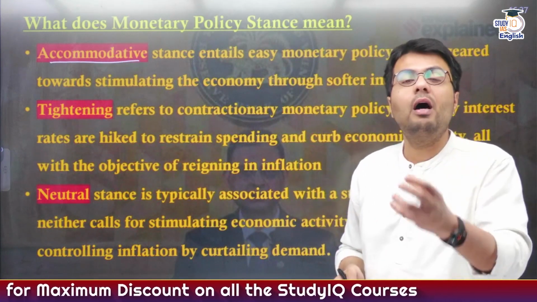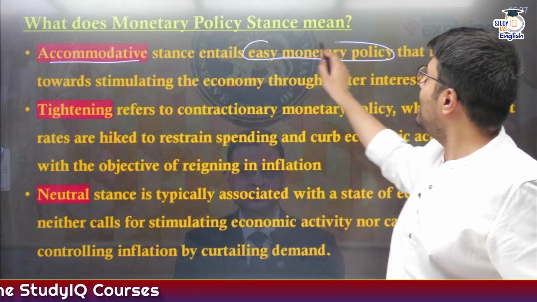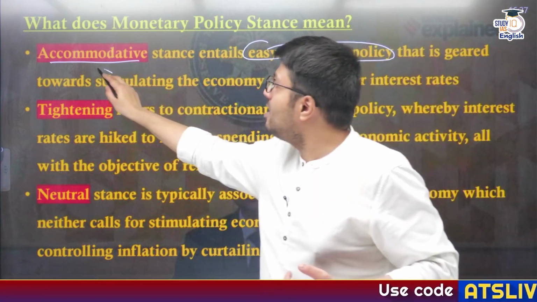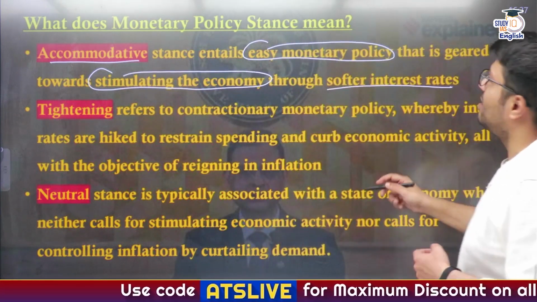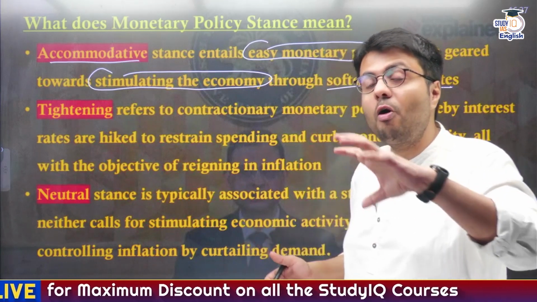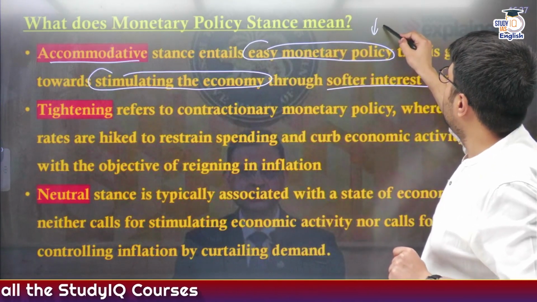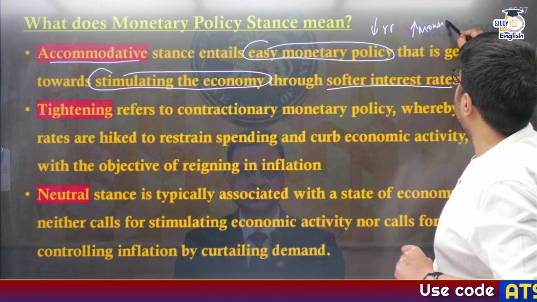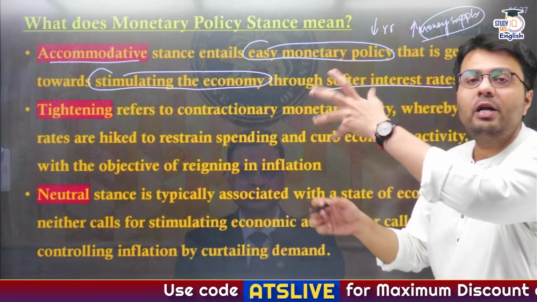Accommodative stance means that RBI is likely to follow easy monetary policy. That is geared towards what? That is geared towards stimulating the economy through softer interest rates, which means by following an accommodative monetary policy stance, RBI wants to reduce the repo rate going forward so as to increase the money supply. So this is what accommodative stance means.